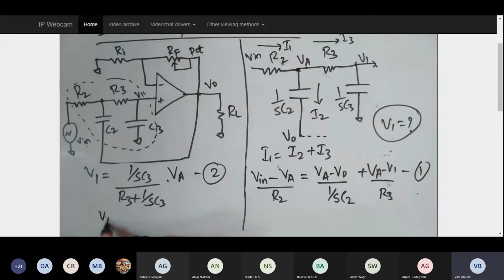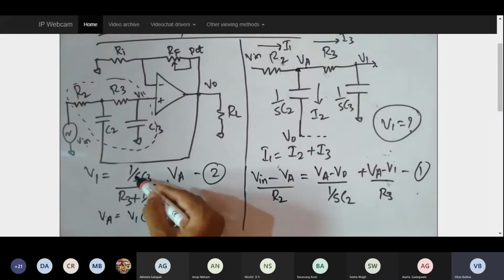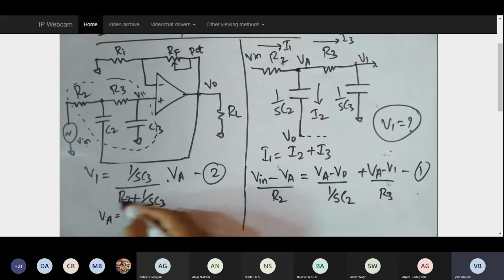VA will be equal to V1 multiplied by R3. I'm just going to do the simplification. SC3 cancels out, and R3 C3 S plus 1 will be in the denominator, and in the numerator it will be only 1.